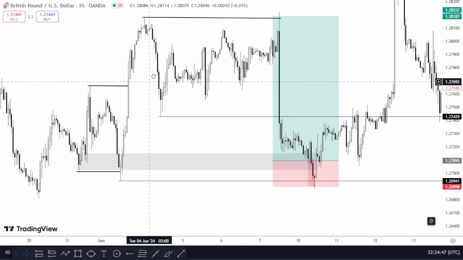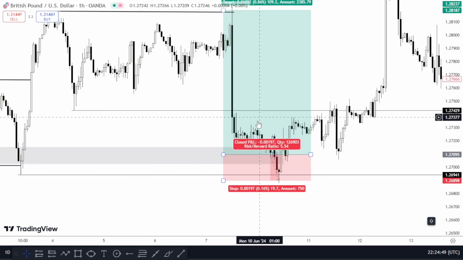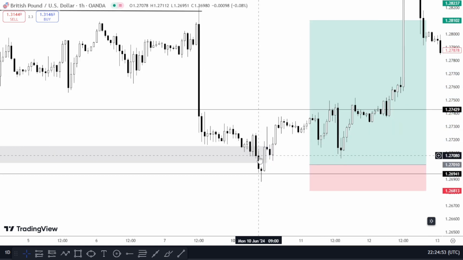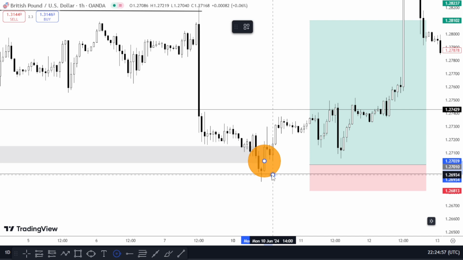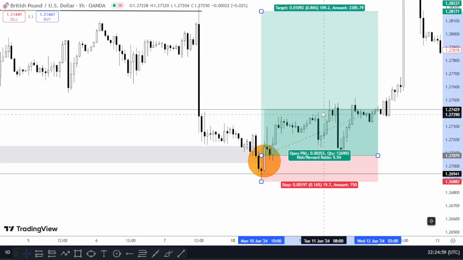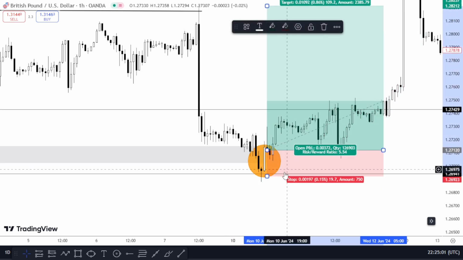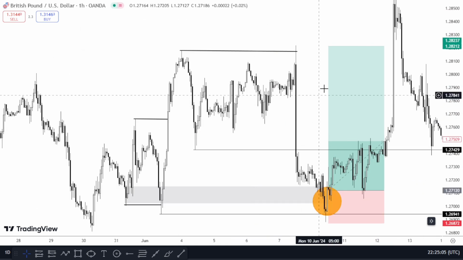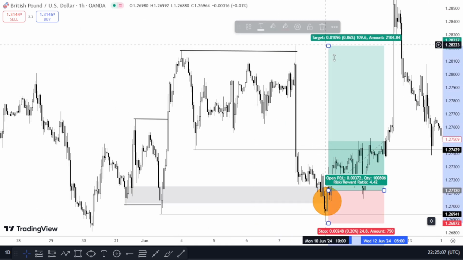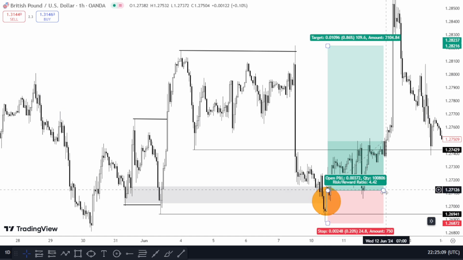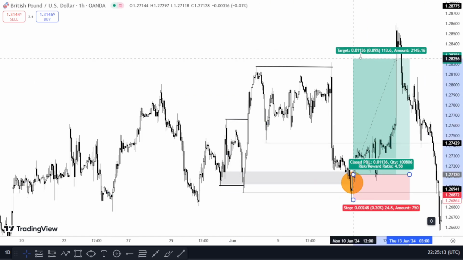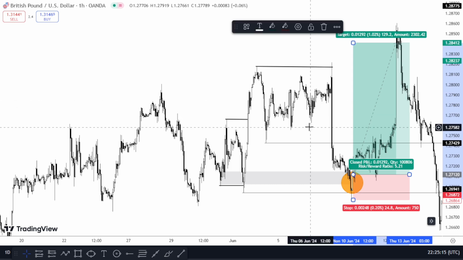But if you decide to use the confirmation entry, you have this engulfing candle right here. At the close of the engulfing candle, you take your trade, stop loss just below. See, you just smashed your 1:4 risk to reward. That's why you need confirmation. It stops you from unnecessary losses.